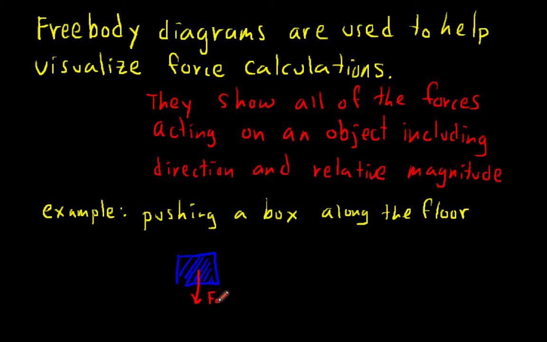The first force you should always put on, as long as it's an object on Earth, is force of gravity. And if it's not falling, this is balanced to some degree by the normal force. The applied force is the pushing force. And as long as the problem doesn't say otherwise, you should also assume in this unit that there's friction opposing the applied force.